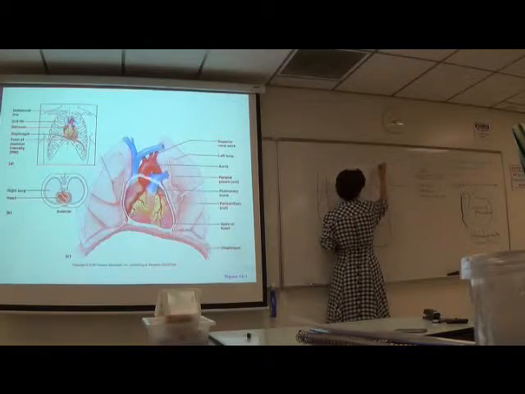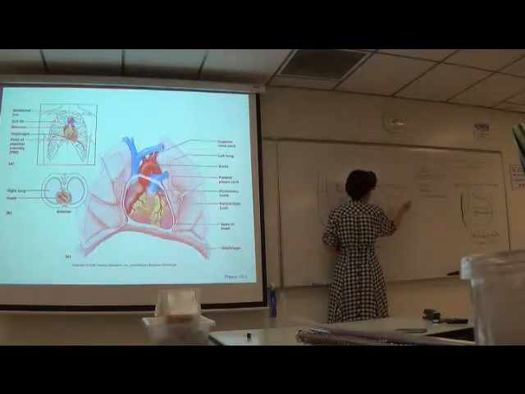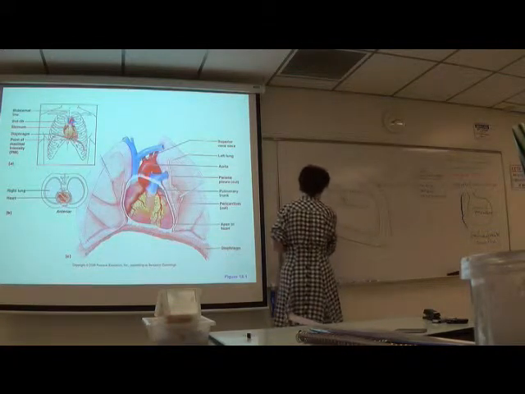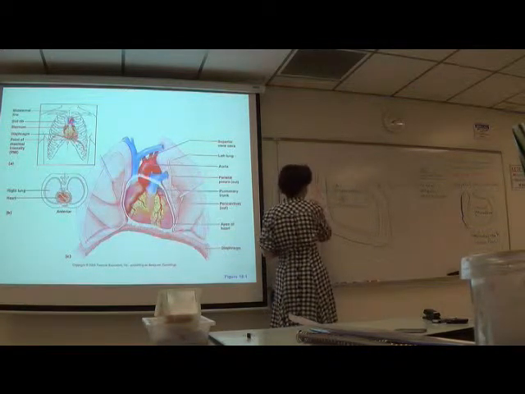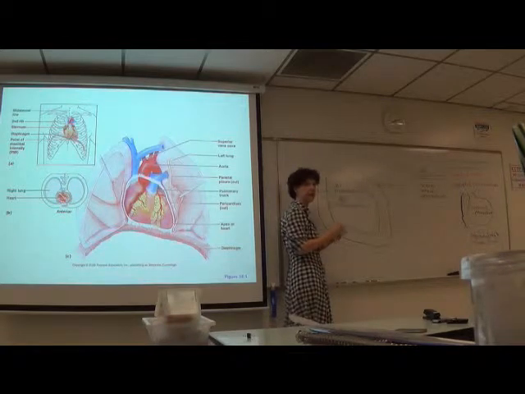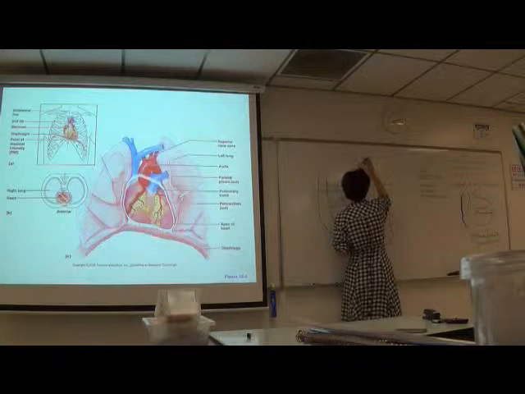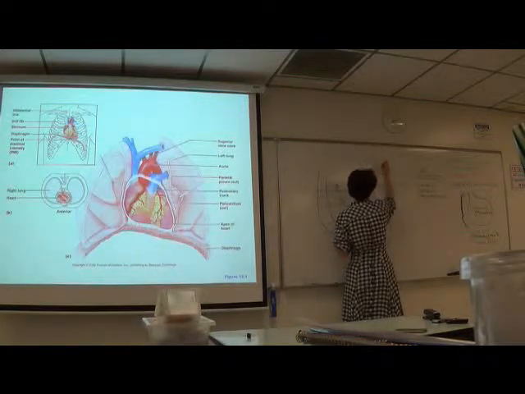So the simple squamous epithelium. Now we have our pericardial cavity, but that epithelium needs support. So we add our loose, irregular connective tissue.